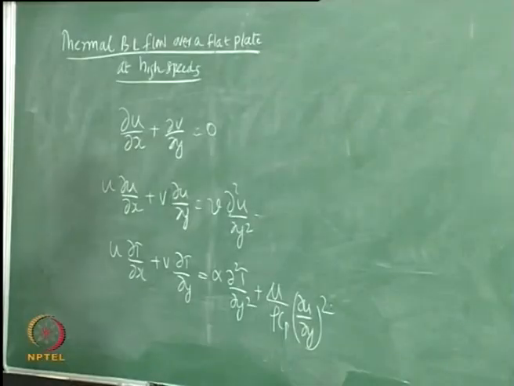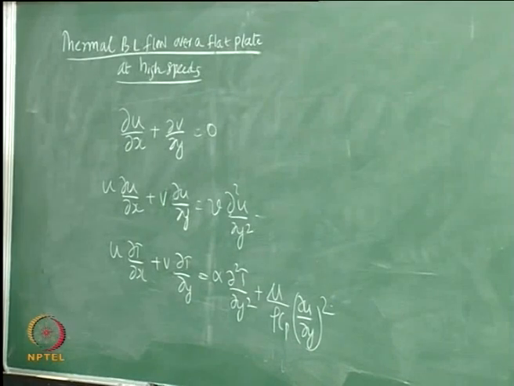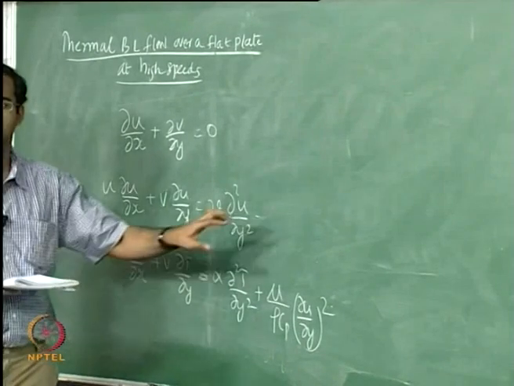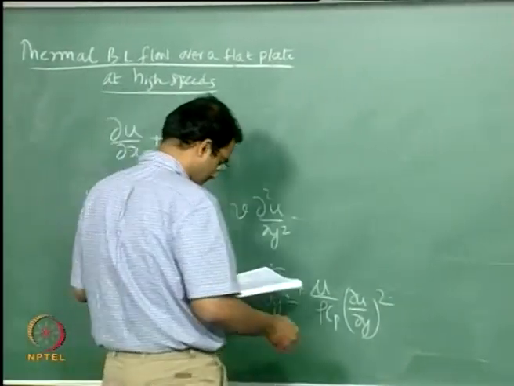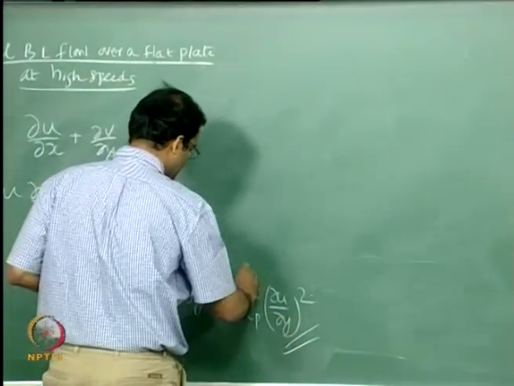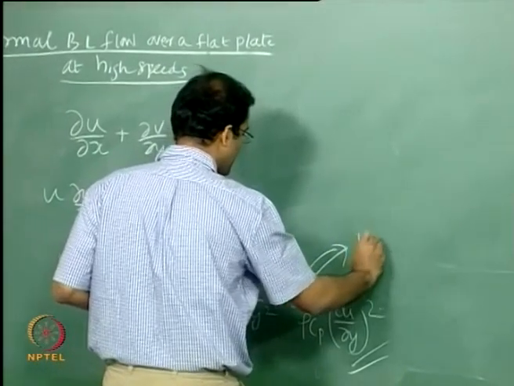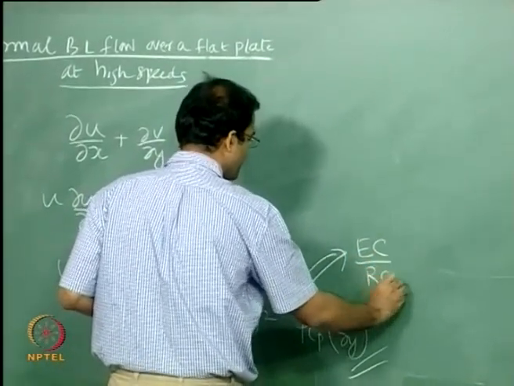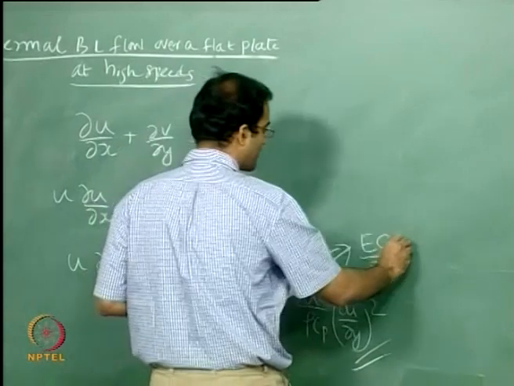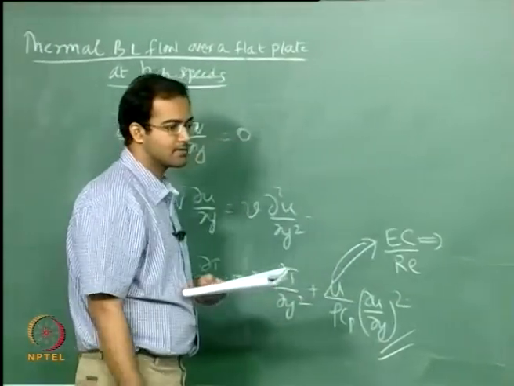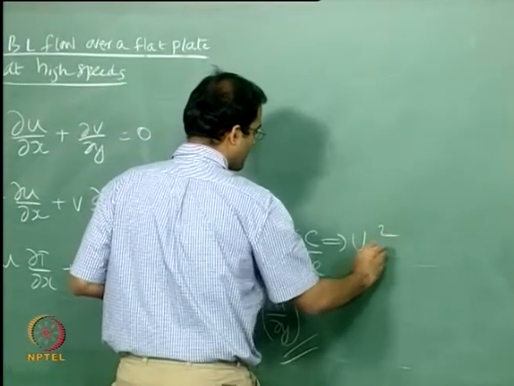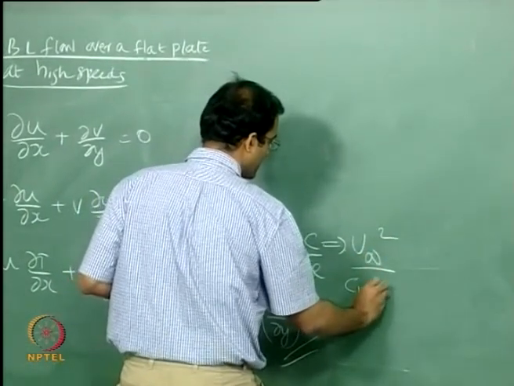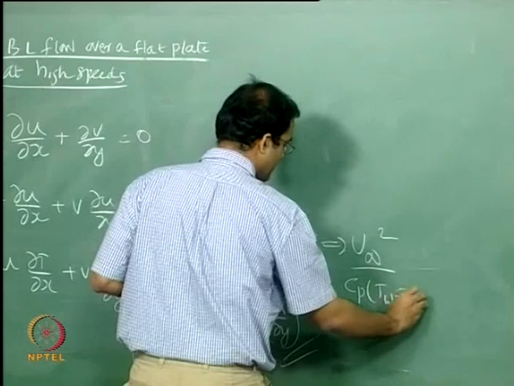So these are your complete equations for a flat plate where you do not consider the pressure gradient term. Now we have also included the viscous dissipation. If you non-dimensionalize this, you will get the ratio of Eckert number by Reynolds number. How is your Eckert number defined? Do you remember? U infinity squared by Cp times T wall minus T infinity.